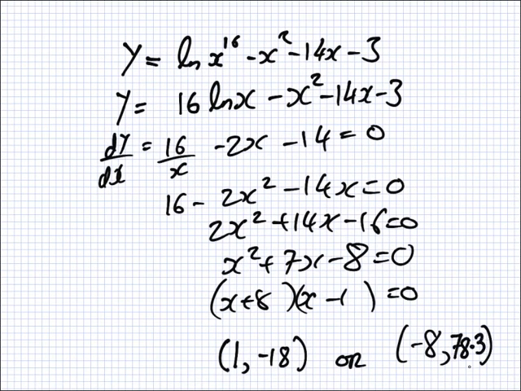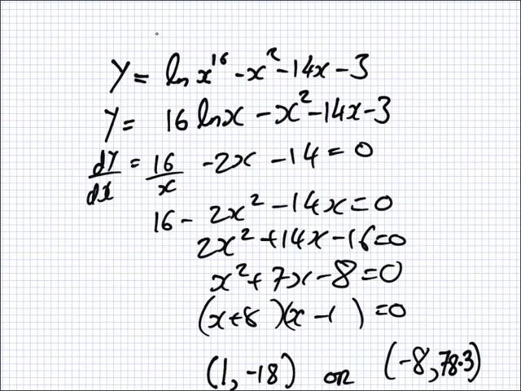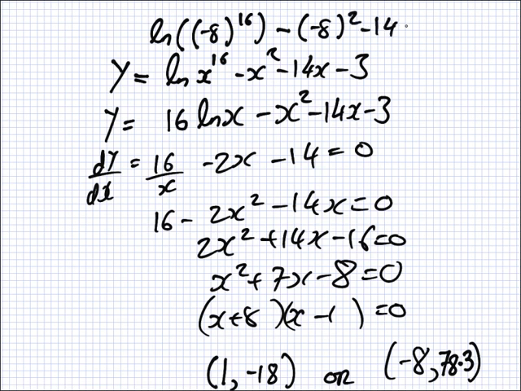78.27. Now you have to be careful with how you type it in on the calculator because you're typing in log bracket minus 8 bracket 16 bracket minus 8 squared minus 14 bracket minus 8 minus 3. Just be careful.